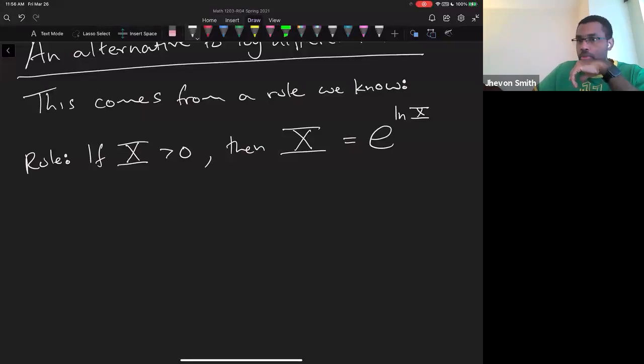So at any given time, if you're looking at something positive, you could rewrite it as an exponential at any point. It's always true. It's always the same. These two things are equal, right? They just are.